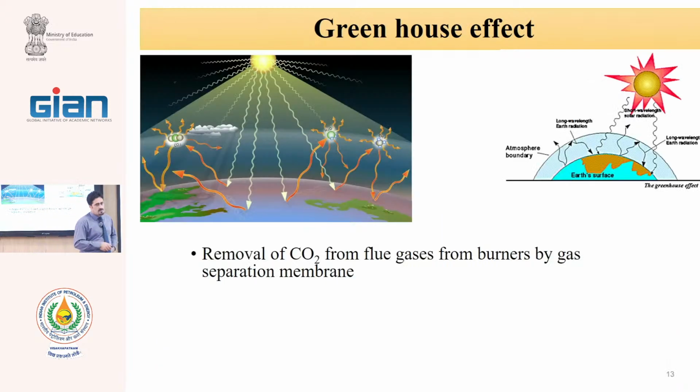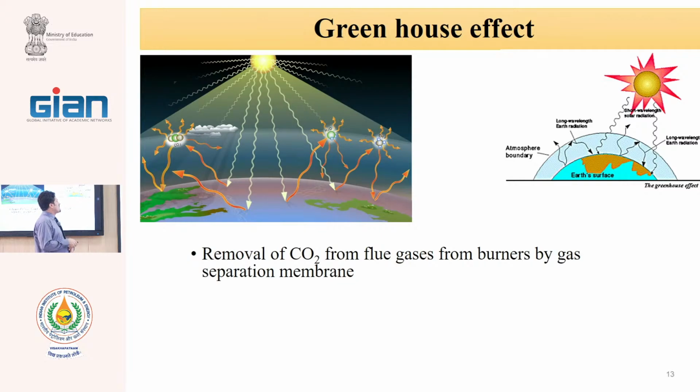Another environmental problem is the greenhouse effect. You know, when we have carbon dioxide or water in the air, some of the returned energy can be captured by the carbon dioxide and cause an increase of the temperature.